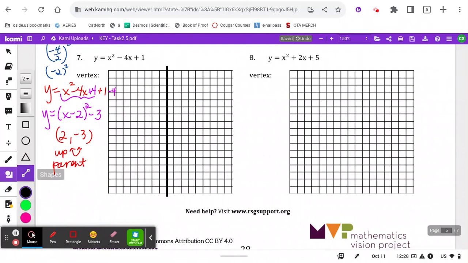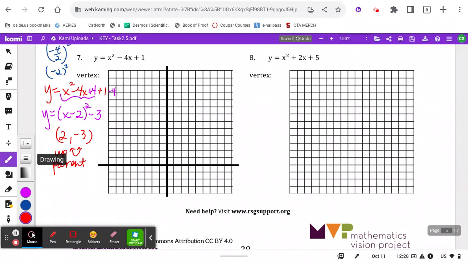I'm going to make this go up 1 higher because of the vertex. All right, so putting a dot at 2, negative 3. 1, 2, 3, 4, 5.